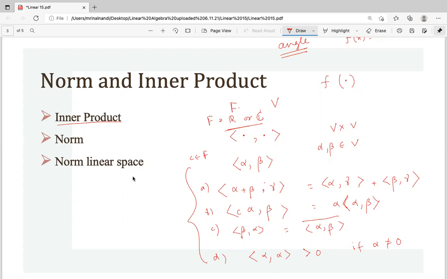Now we are defining distance, so we are restricting the whole vector space concept. Now we are again restricting with inner product. So in some vector space we can't define an inner product, but we can define a distance.